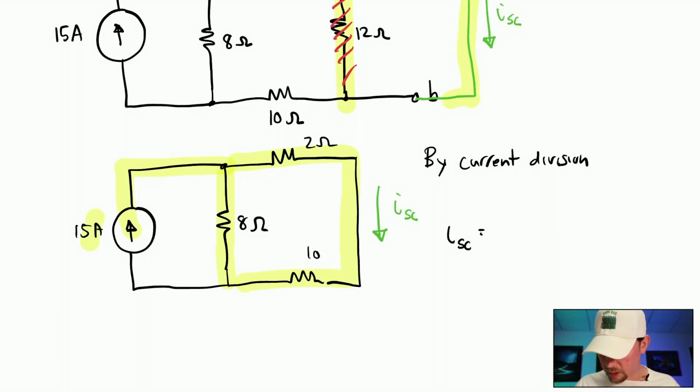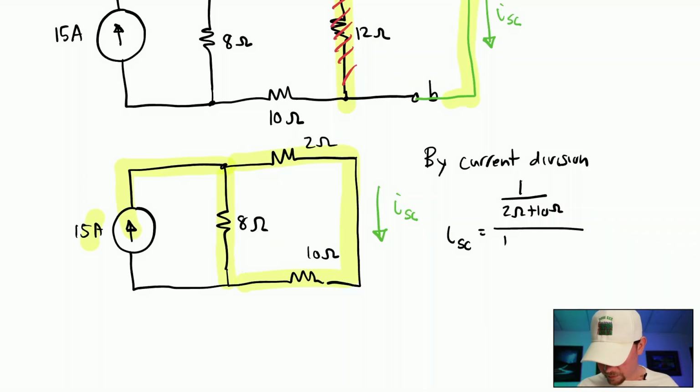So by current division, the short circuit current is 1 over the resistance of the branch where we're looking for the current. This is the 2 ohm plus the 10 ohm resistors added in series, right? Divided by 1 over the equivalent resistance of the entire network.